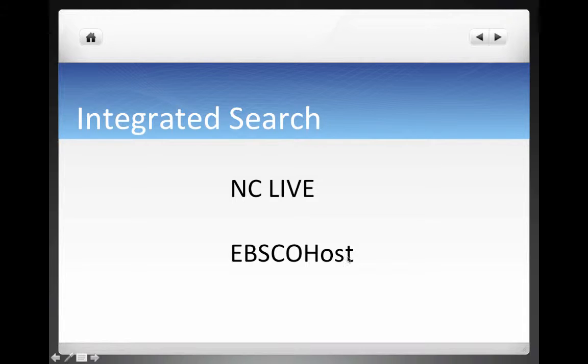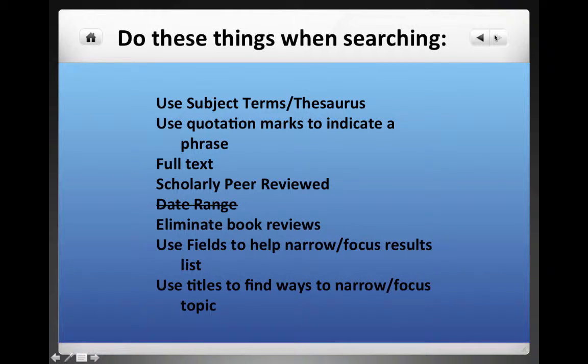However, if you were doing literary criticism on the short story A Rose for Emily, and you did that search in NC Live, you would get a huge number of hits. If you did it in Literary Reference Center, you would get a much smaller number. And sometimes it's just not as overwhelming to students to search in the individual databases. So just a tip, you can try both.